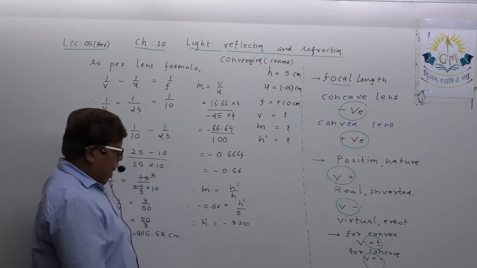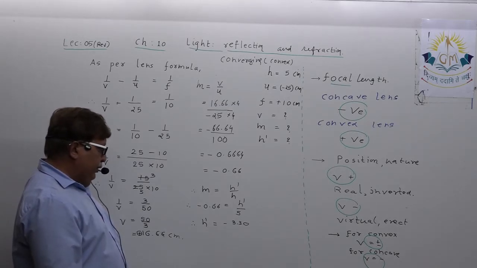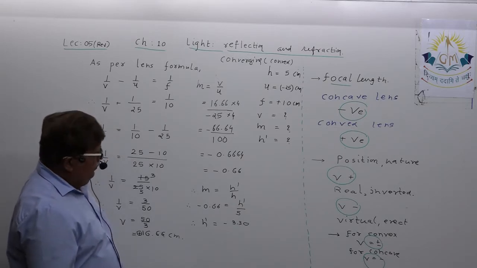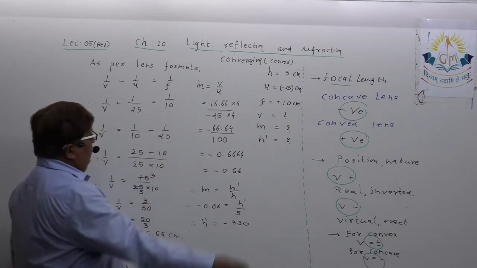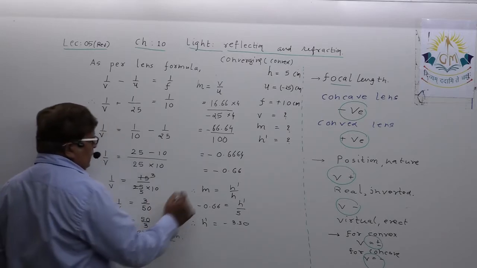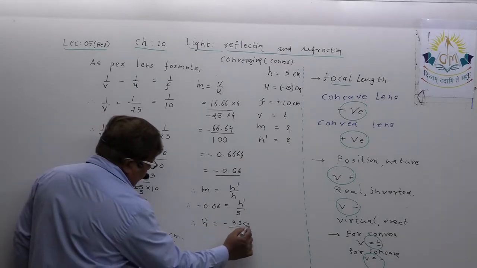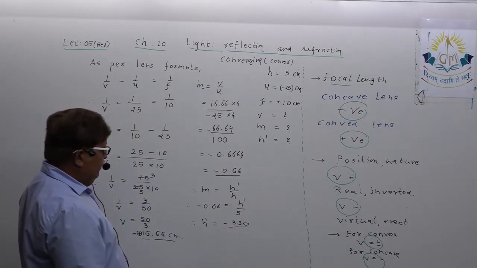So dear student, just verify. You got the answer already. So which are the important facts? V, then you got the magnification, then you got H dash, minus 3.30.